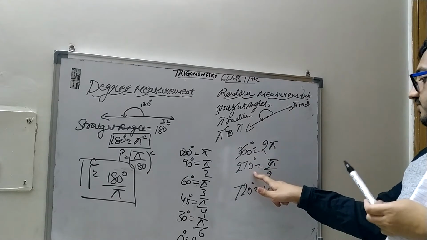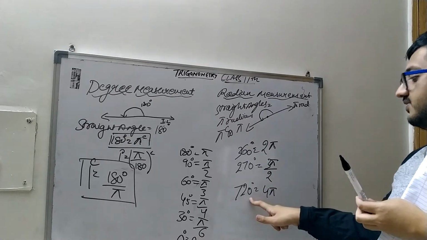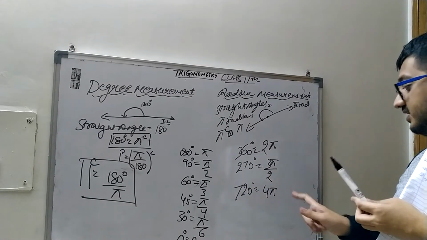If we want to write 270 degrees, we write 3 pi by 2, and 720 degrees is equal to 4 pi.